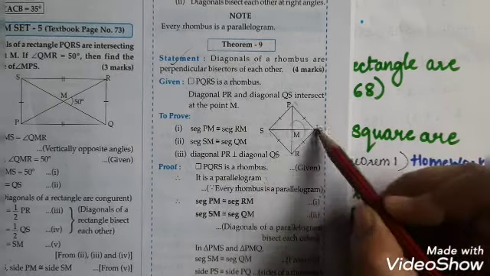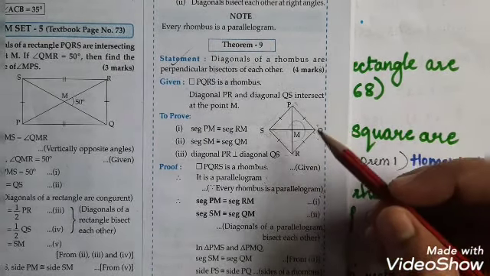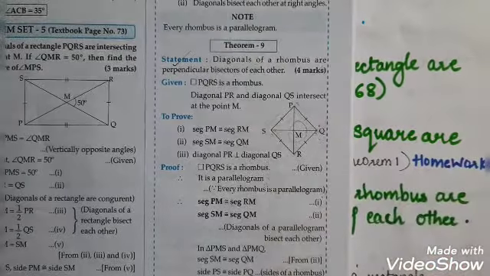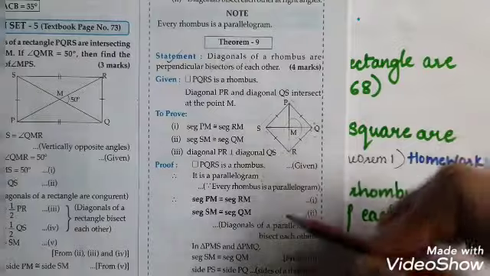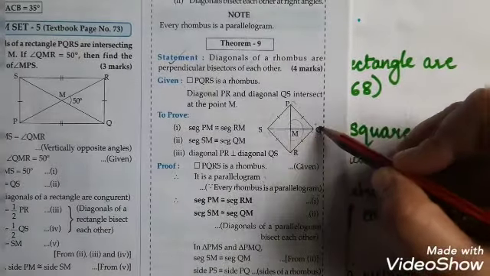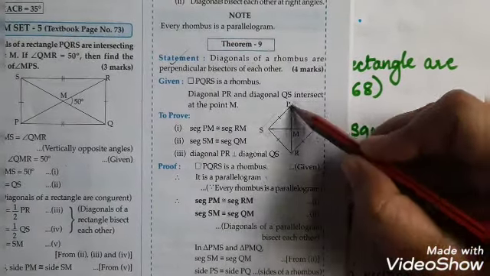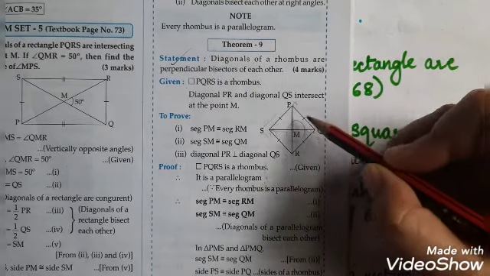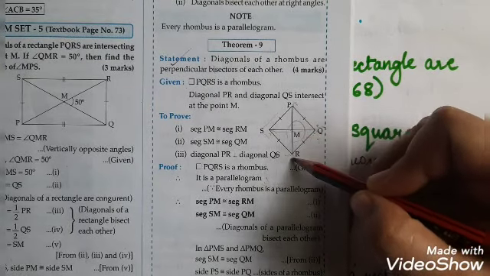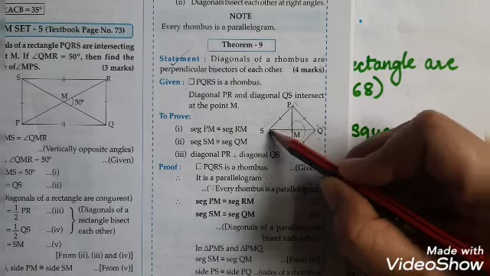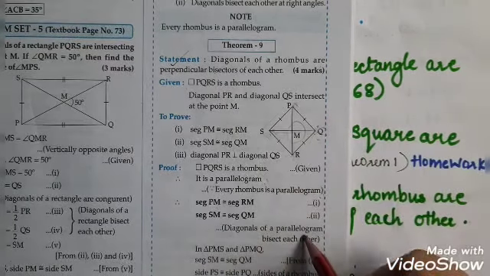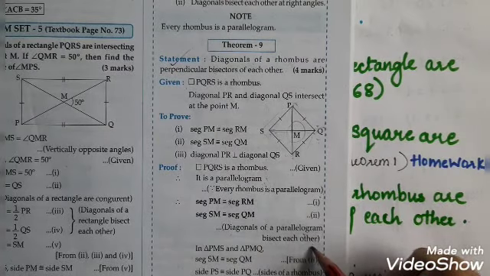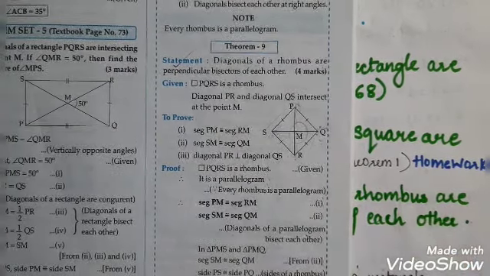Now if PQRS is a parallelogram, then the diagonals of a parallelogram bisect each other. That means I can say that segment PM is congruent to segment RM and segment SM is congruent to segment QM. I have written the reason over here: diagonals of a parallelogram bisect each other.